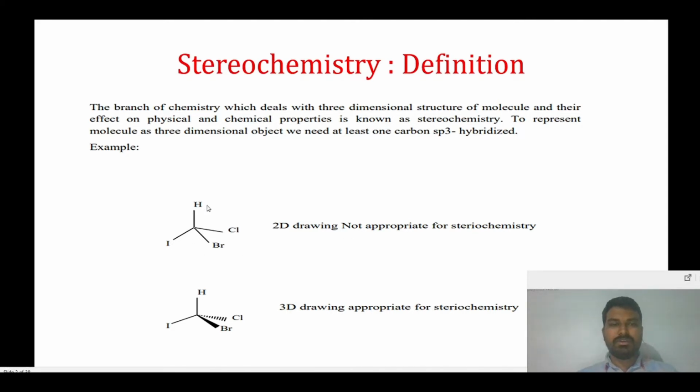This view is 2D, so it is not appropriate for stereochemistry. Now this molecule is denoted in 3D structure. The dark line is towards the observer and the dotted line is away from the observer. So this is the appropriate diagram which is represented in 3D view.